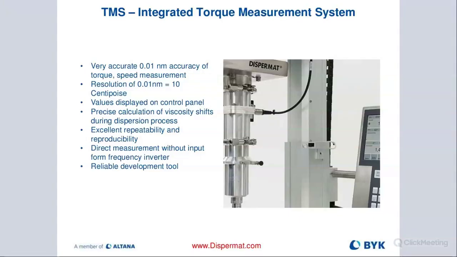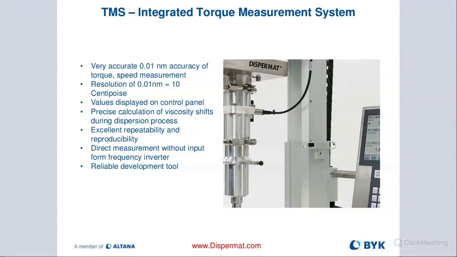Now with the TMS sensor, we are able to really dive into the change in viscosity and give you a very accurate measurement of 0.01 Newton meters, which roughly translates to about 10 centipoise increments. So that is a really helpful tool to get a good understanding of what is actually happening with the viscosity.